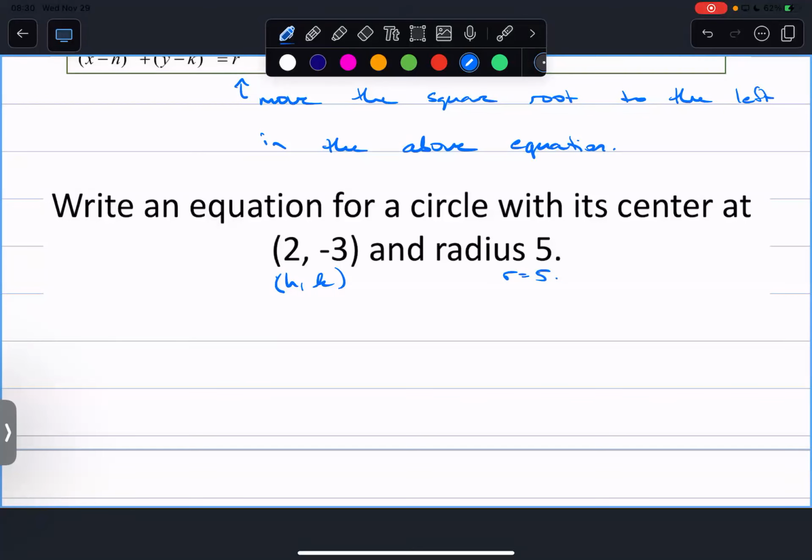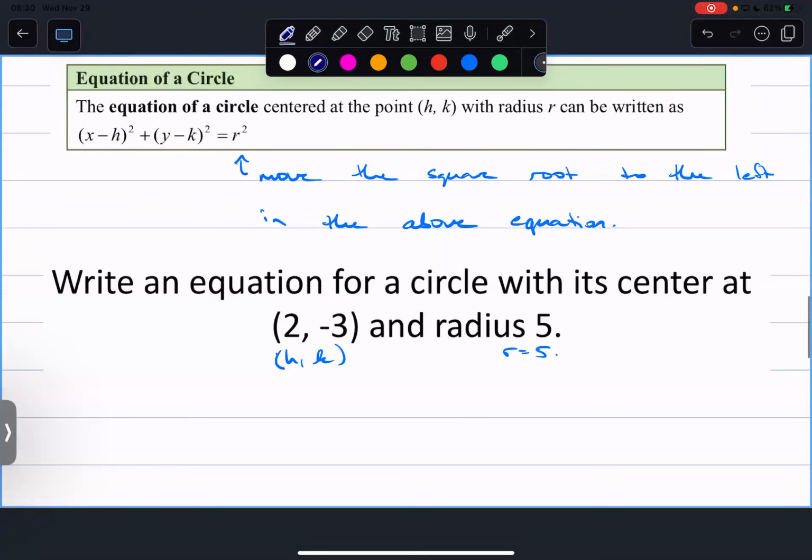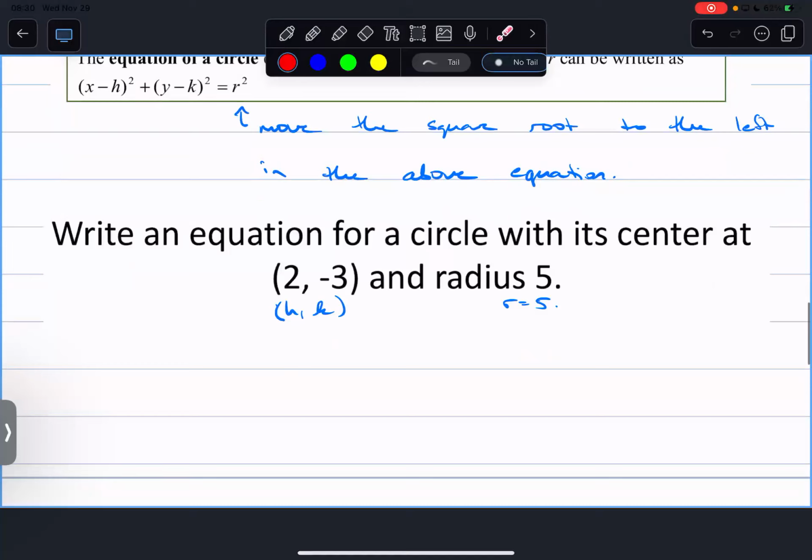Going back to our linear equations, for example y equals mx plus b, we need the slope and the intercept, but we let x be a variable so that we can plug in any value of x and solve for y. It's the same deal.